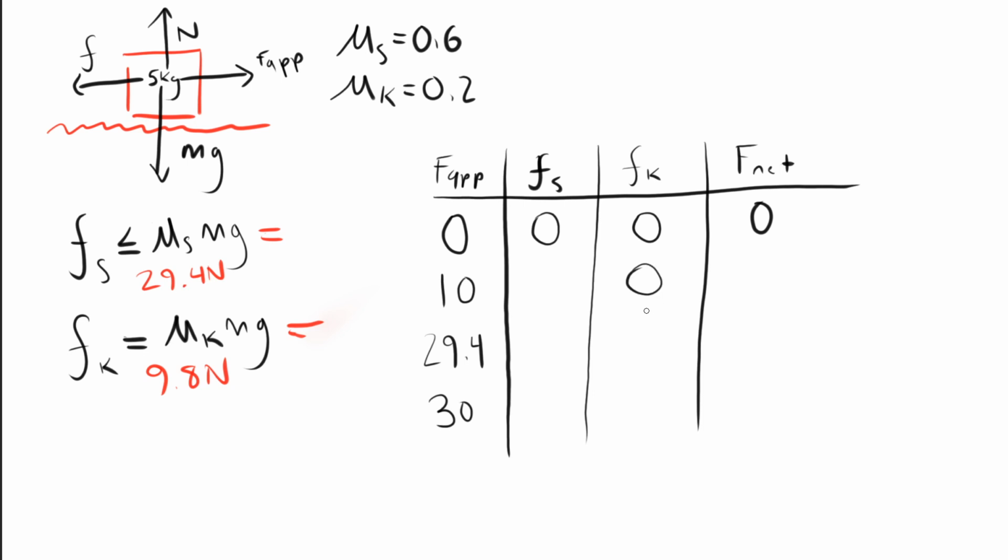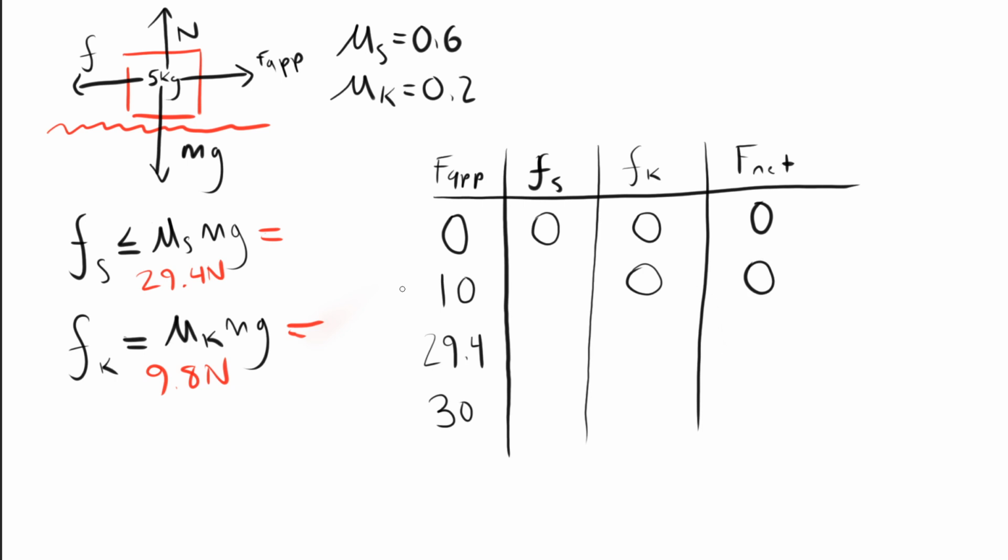But I'm applying a force, which means static friction suddenly exists. If I'm applying a force this way, there has to be a force applied back at me. But if the object's not moving, the net force on the object also has to be 0.